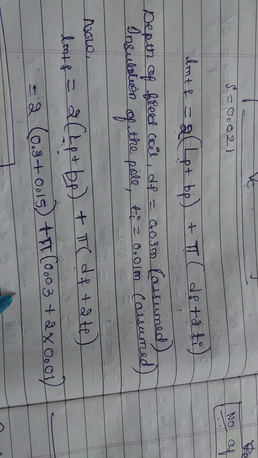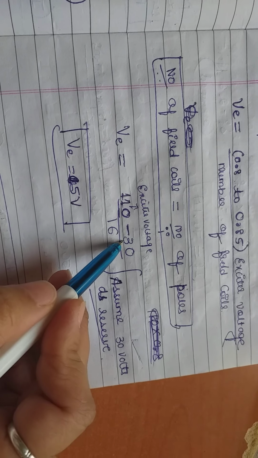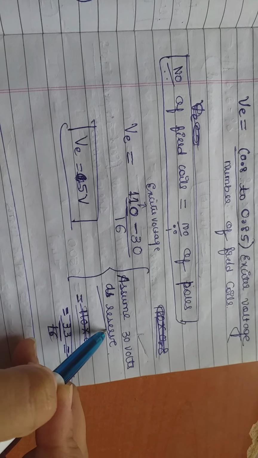So now here rho we have got, LMT we know. Next IFTF which is already given. Next we need to find out the exciter voltage here. So in case of an exciter voltage, how much they have given? They have given 110 volts here, and 30% we are assuming as a reserve.